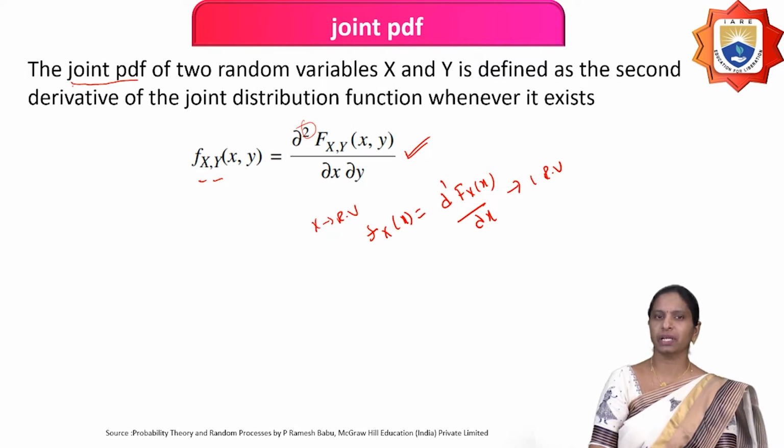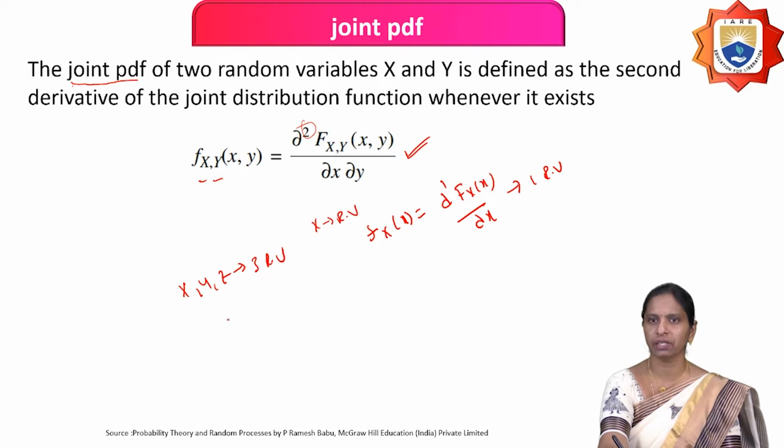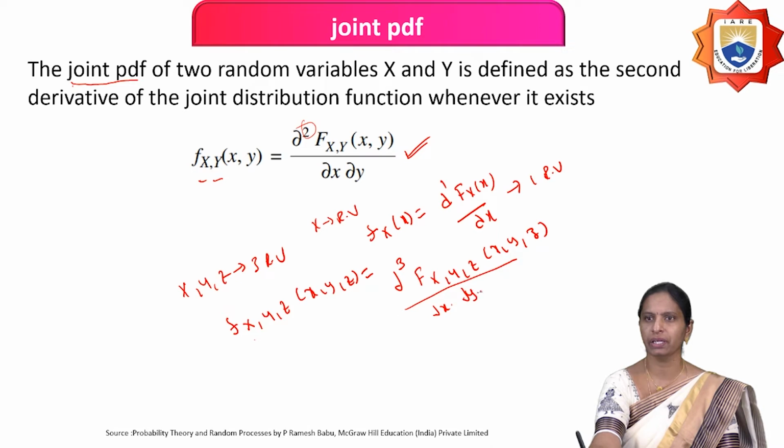And in a similar manner, we can write down for three random variables. For example, x, y, z are three random variables. Then the joint density function for the three random variables is written as fxyz of x comma y comma z is equal to, if it is one random variable, a first order derivative; if it is for two random variables, a second order derivative; if you want for three random variables x, y, z, a third order derivative of the joint distribution function Fxyz of x comma y comma z by dou x into dou y into dou z.